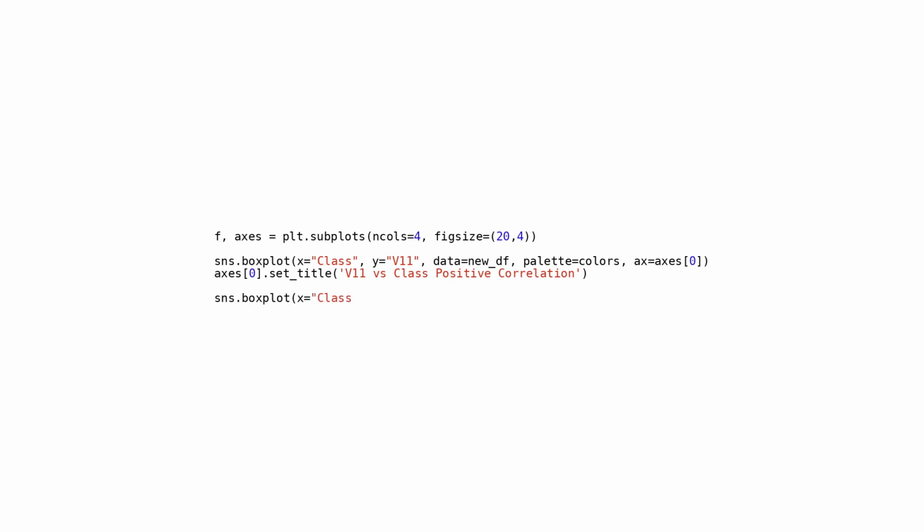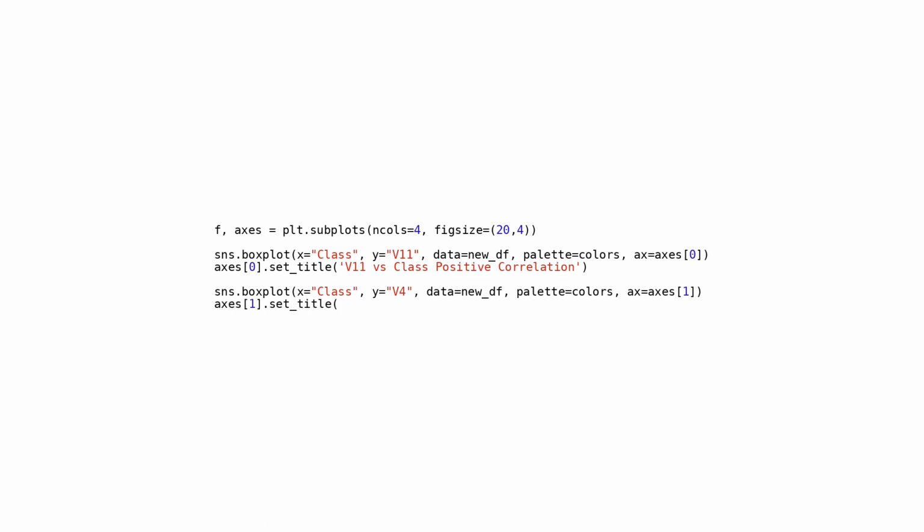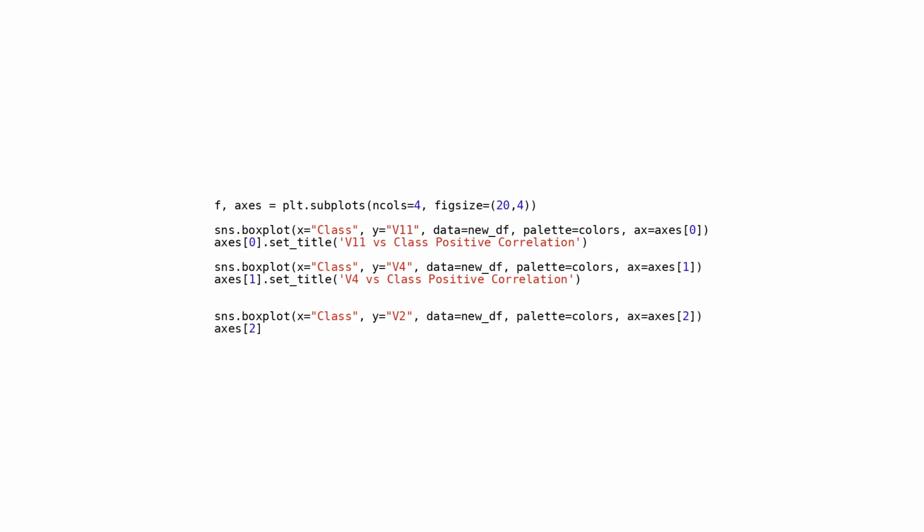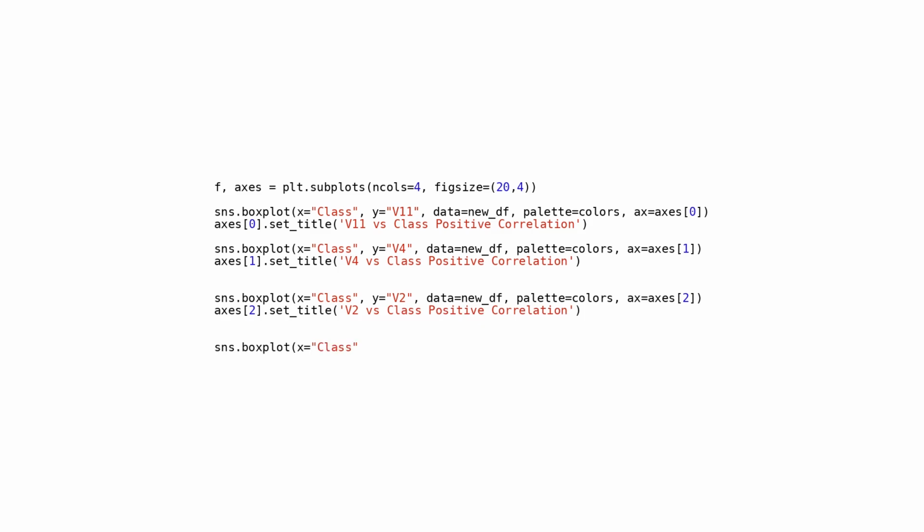Every subplot is produced using Seaborn's sns.boxplot function, with x denoting the target variable, class, y representing the analyzed feature, data as the dataframe with the data, palette specifying the colors to use, and ax assigning the subplot for the boxplot. Subsequently, each subplot is given a title to offer context on the displayed information. Finally, plt.show is used to exhibit all the subplots at once.